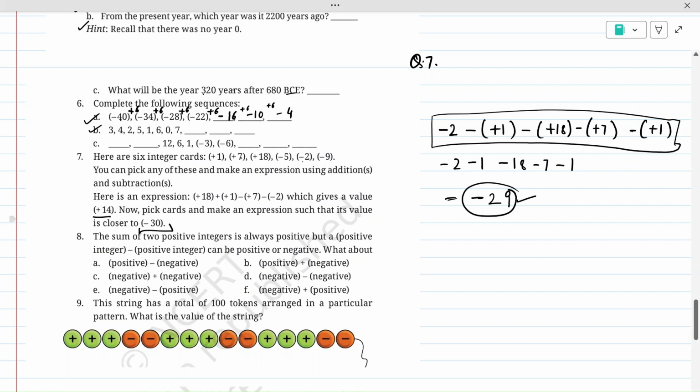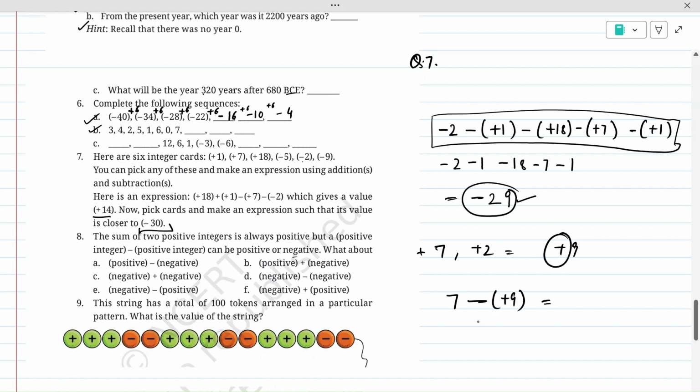And then we have: the sum of two positive integers is always positive, but a positive integer and a negative integer can be positive or negative. Okay, so we know this, that if we have any two positive integers, plus 7 and plus 2, let's say, we'll get plus 9, always a positive integer. But a positive integer minus a positive integer, let's say we have plus 7 and we subtract plus 9 from it.